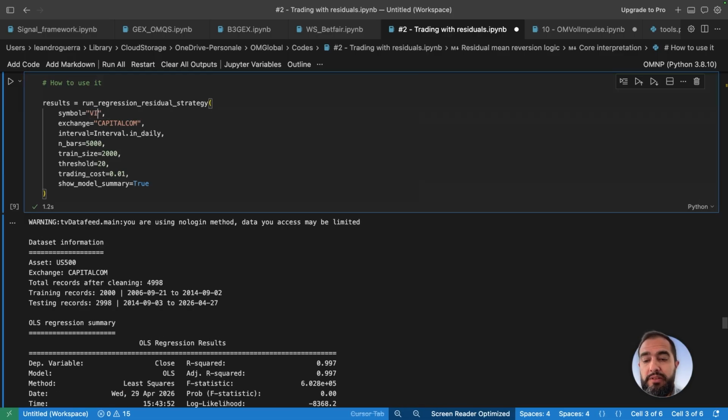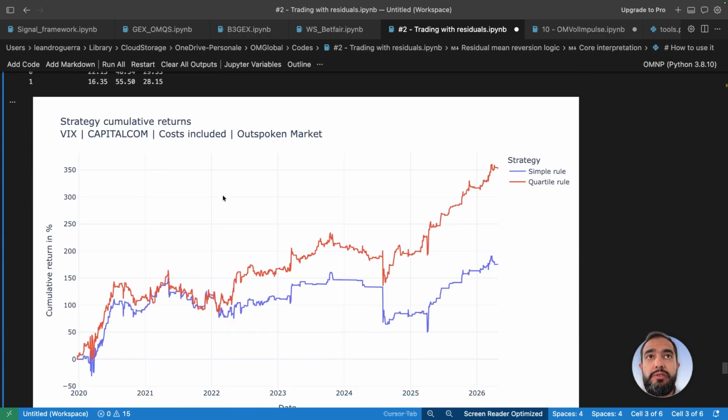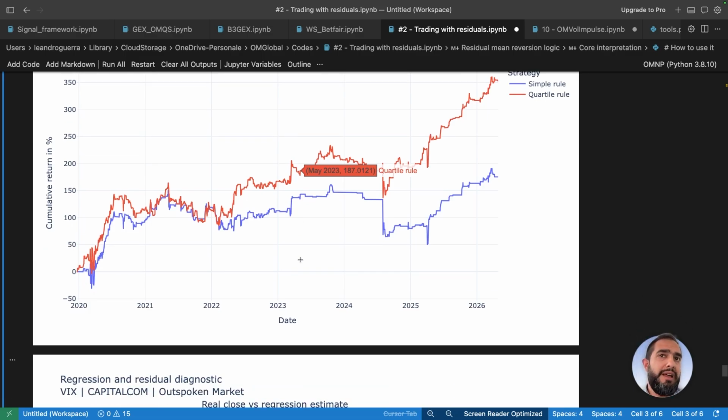So coming back to the VIX, I come back to a different threshold. So you see that the result is also changing itself. It's amazing. And now you have everything to play around, to try it out, optimize, change, do your tests.